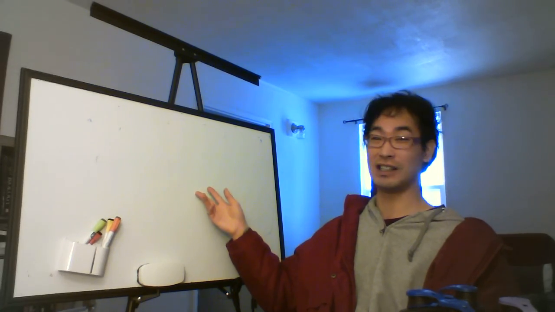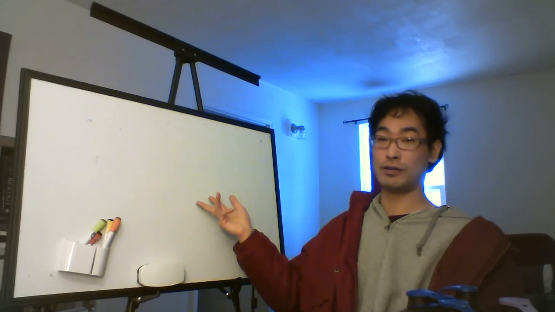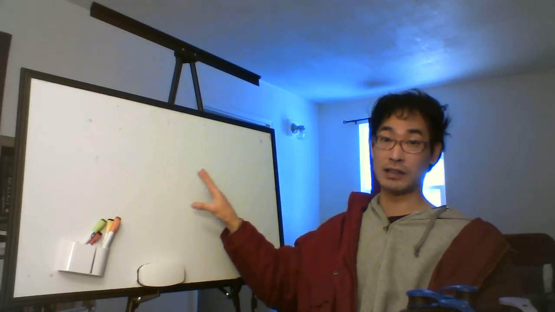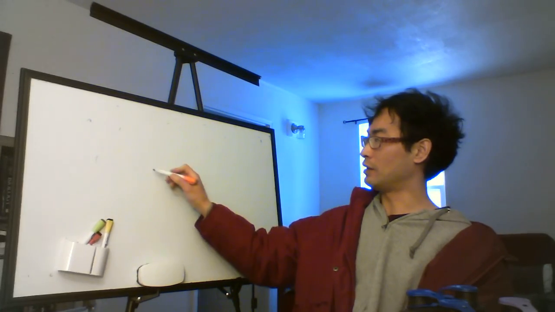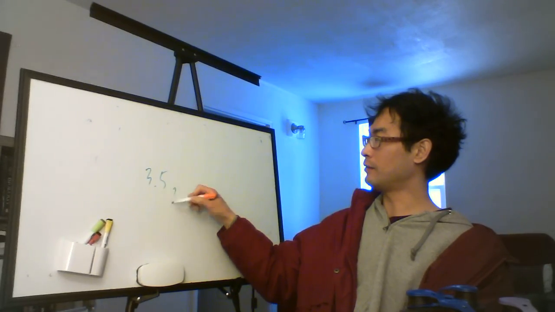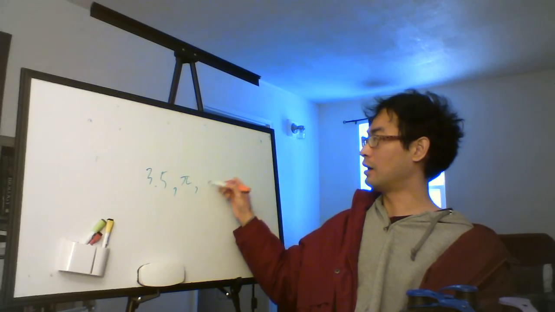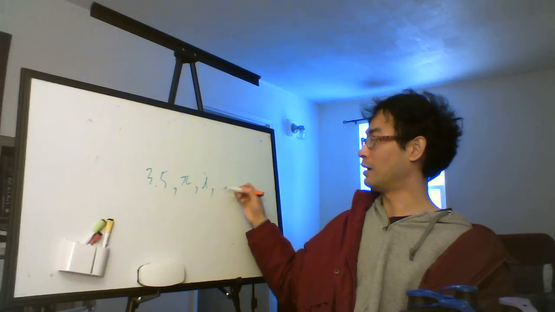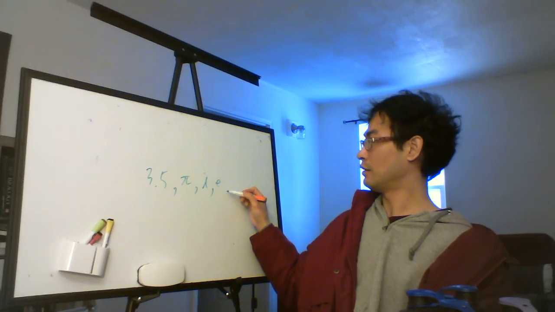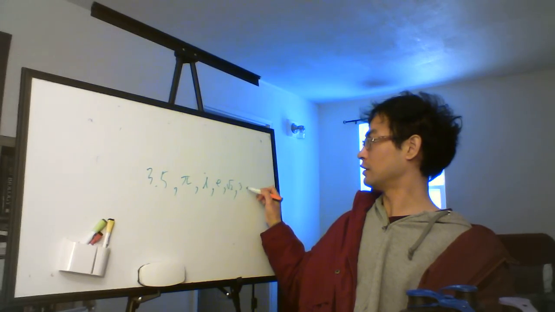And it doesn't even have to be just integers. It could be any numbers, but it has to be periodic. Again, it doesn't matter if you're 3.5, comma, pi, comma, i, imaginary number, comma, e, comma, square root of 2, as long as it's periodic.